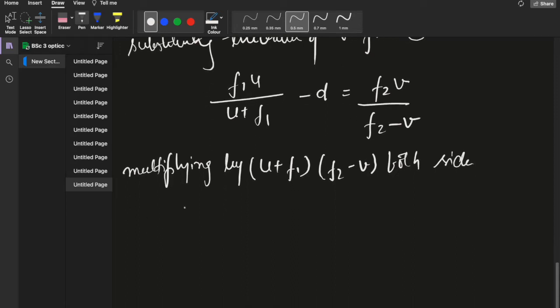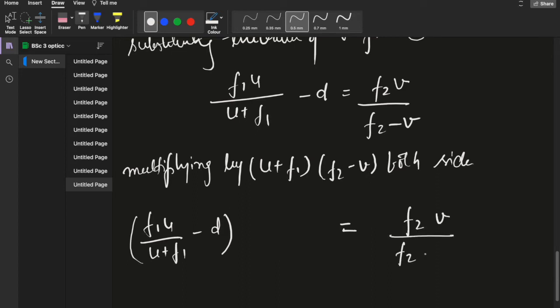Alright, if we multiply, F1U upon U plus F1 minus D, and here equals F2V upon F2 minus V.